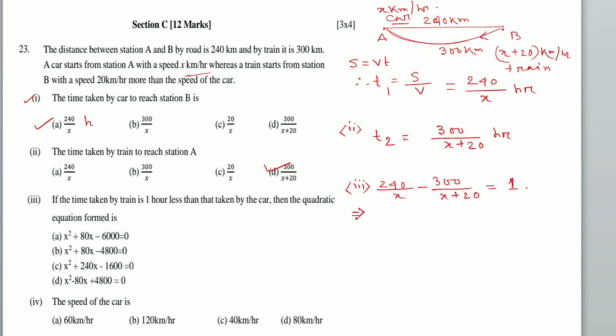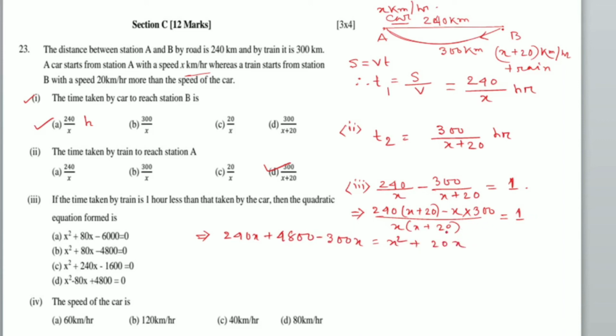Now if we take the LCM, x into x plus 20, it will be 240 into x plus 20 minus x into 300 is equal to 1. In the next line it will be 240x plus 4800 minus 300x is equal to x into x, means x square plus 20x. It is multiplied with 1.